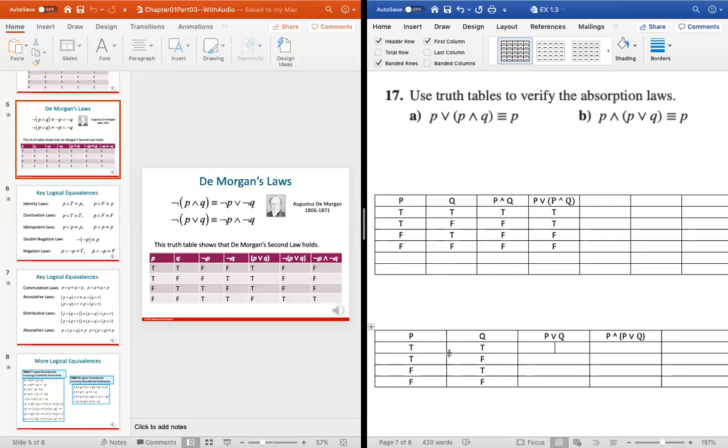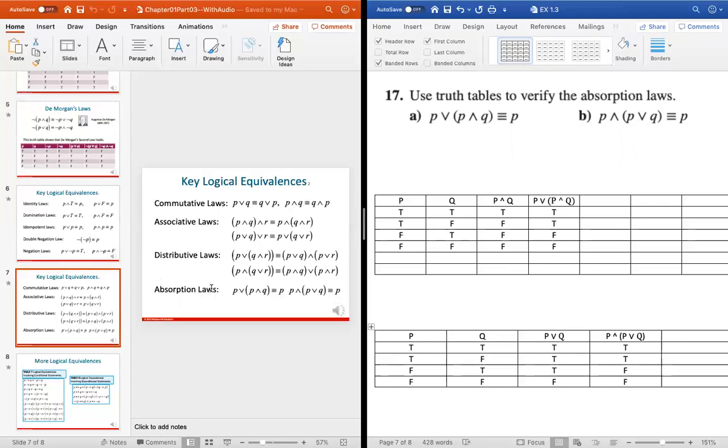Now this P or Q here is going to be true, true, true, false. This thing here, and with this thing: true, true, false, false. So this thing here matches with this thing over here. So we know that these two are equal to one another, and this is a proof of the absorption law using the truth table.